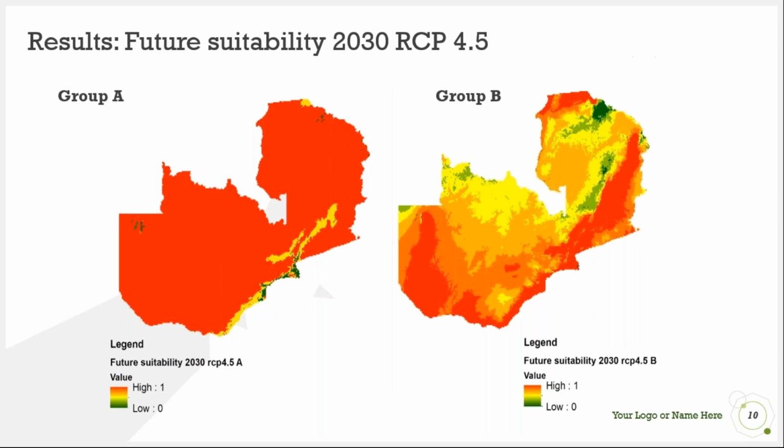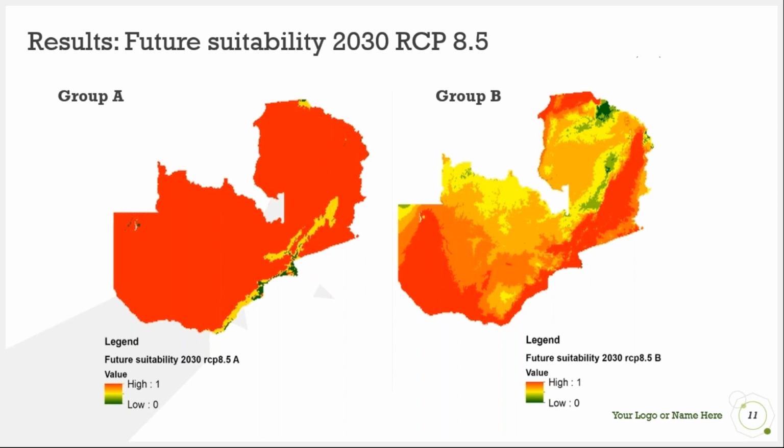It's almost similar to RCP 2.6. What about RCP 8.5? Also similar, but if you look at group B, because of increasing temperature, more pests which are suited for warm temperatures will now become more suitable for the northern side, which is currently cooler.